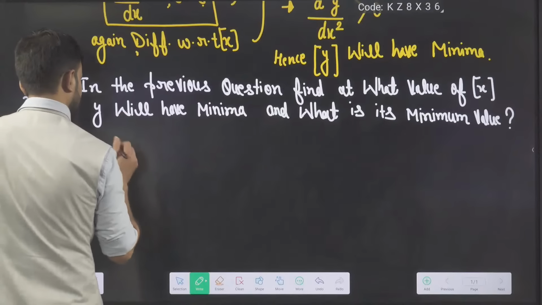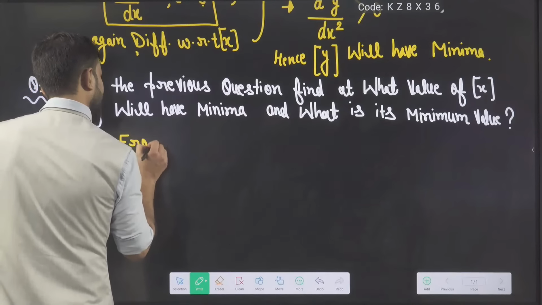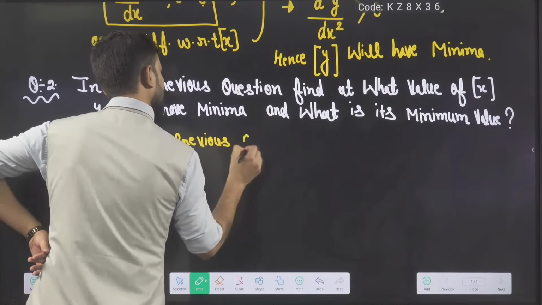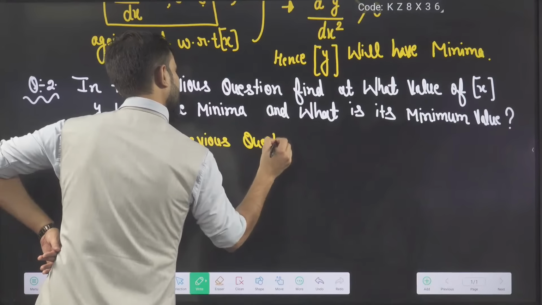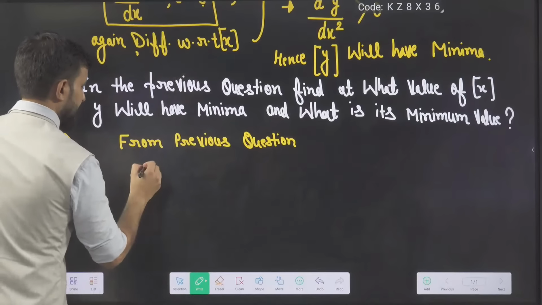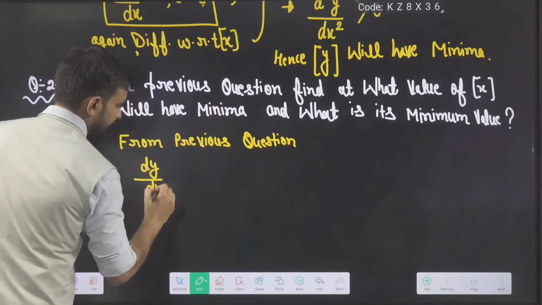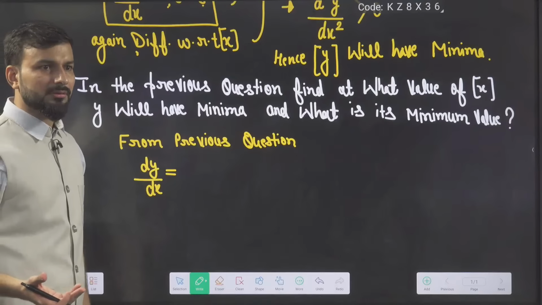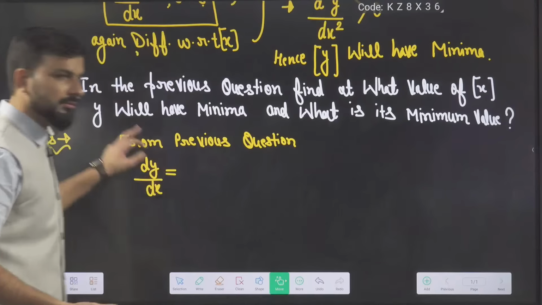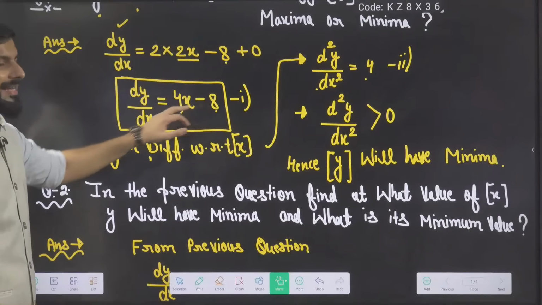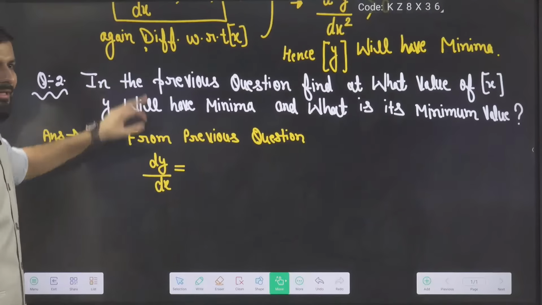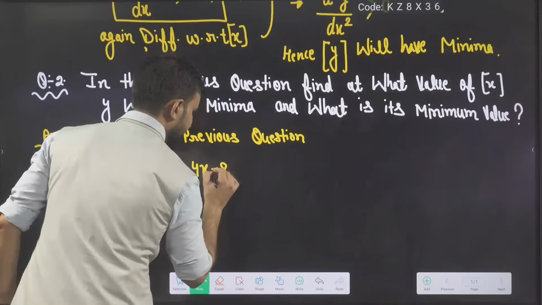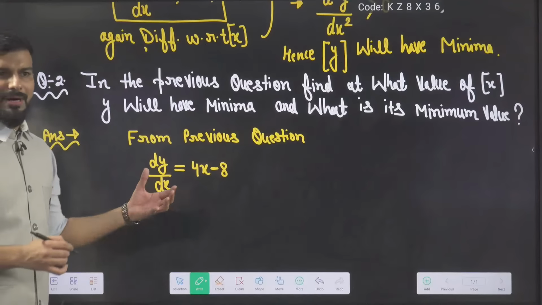From the previous question, dy by dx is equal to 4x minus 8. This was dy by dx.